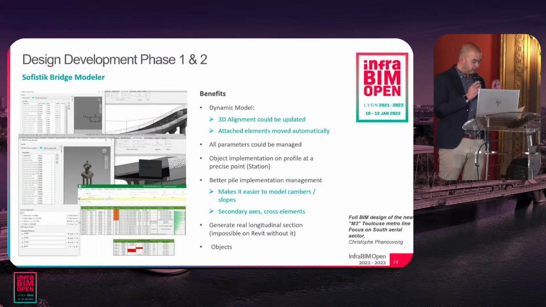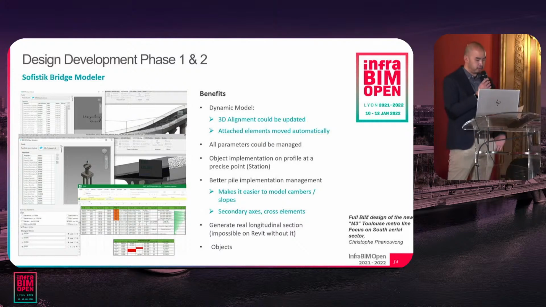Also, we have very precise implementation of the different piles and different pile stations, and we could make some bridges with double curbs, which is very difficult to model without a special software like that. And we could also generate real longitudinal sections, which is quasi impossible in Revit without it.